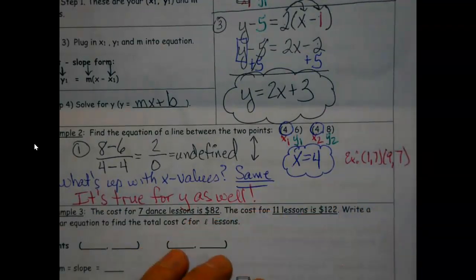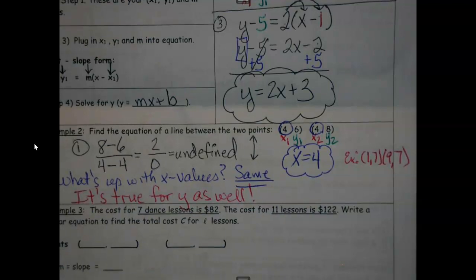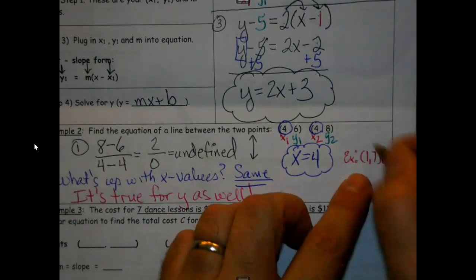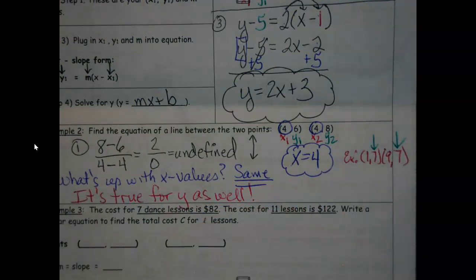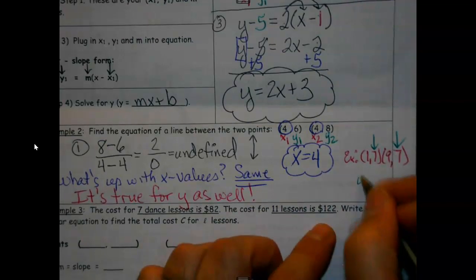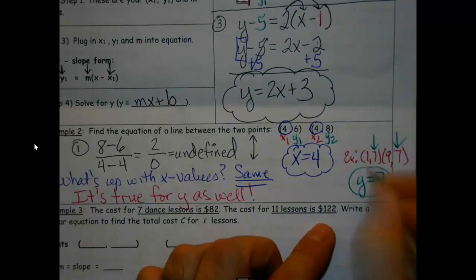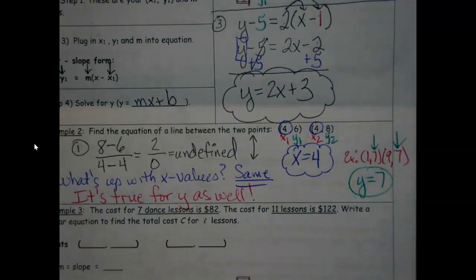So let's say I had 2 points, 1, 7, and 9, 7. Now, I could go through, do all my other stuff, and see that, but if the y values are the same, I can just put y equals and that number, and I'm done.